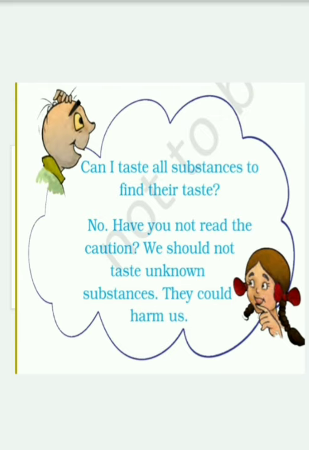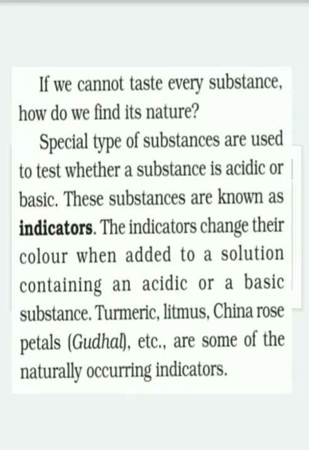So how can we find the substance that contains acid or base? Can we taste all the substances to find the taste? No, because the substance could harm us. So how can we test those substances?